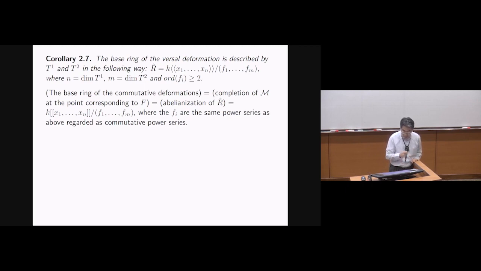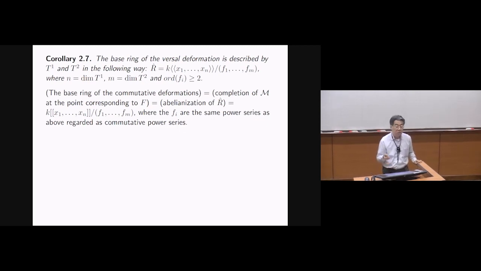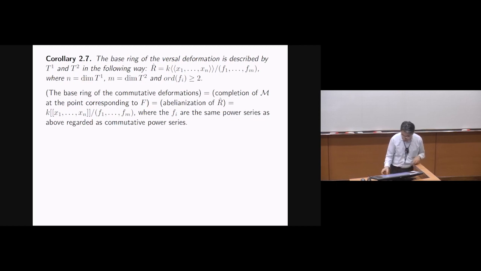It is a quotient of the commutative formal power series ring divided by the same polynomials, but considered as commutative power series. So this is additional structure on the moduli space, and this will give you some kind of distribution or something. No, not a usual distribution, but some additional structure on the moduli space.